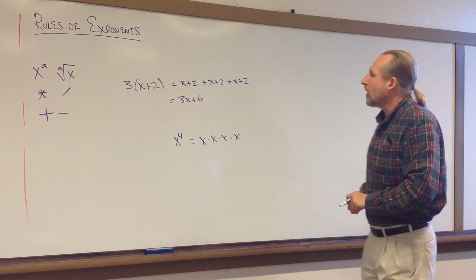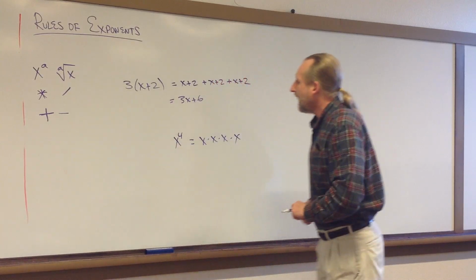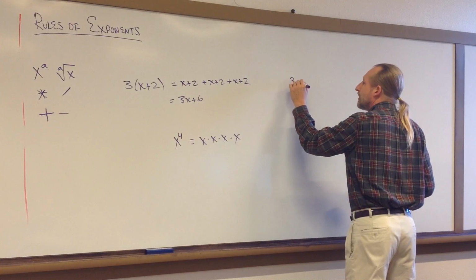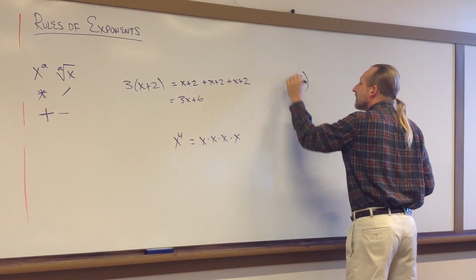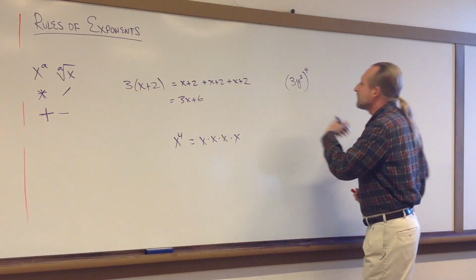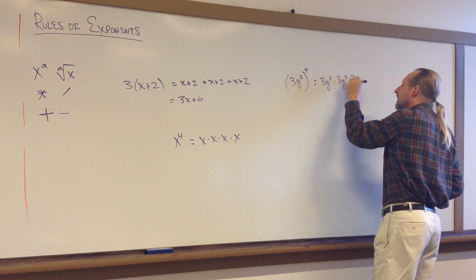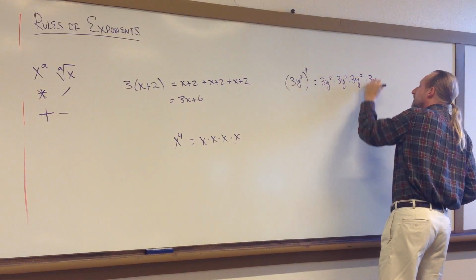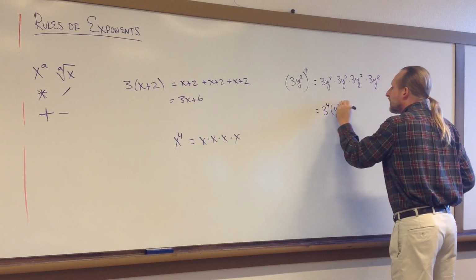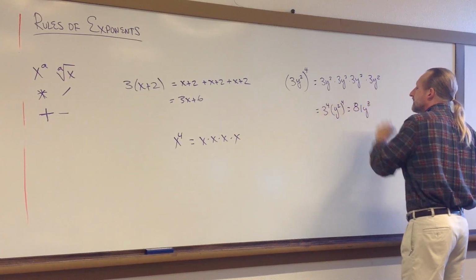Okay, so now because of that, if you have, let's say, 3y squared to the 4th power, now that means 3y squared times 3y squared times 3y squared times 3y squared. And so that's 3 to the 4th power times y squared to the 4th power. Let's see, that's 81y to the 8th.